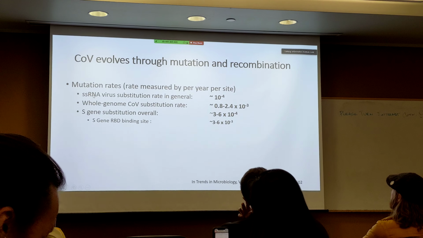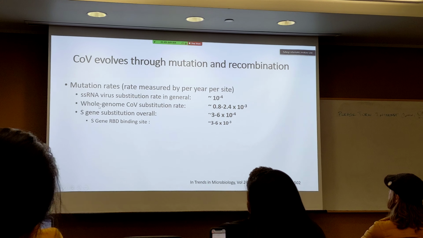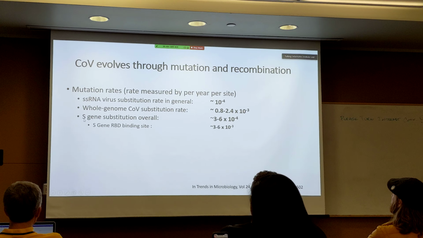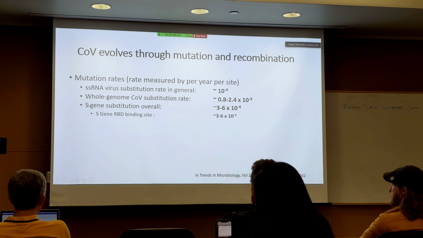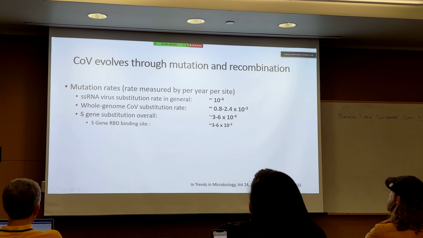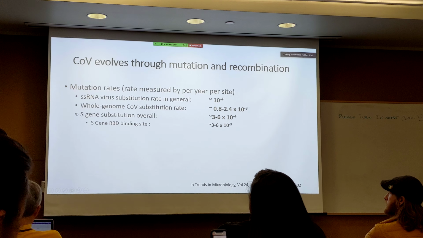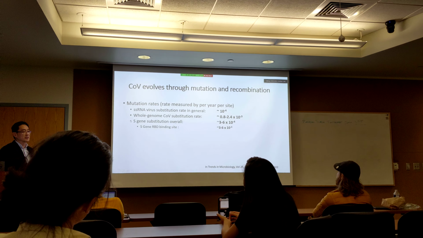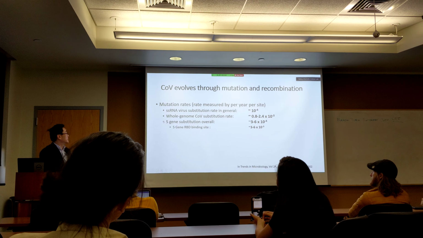Faster than the regular single-stranded RNA virus. And if you look at particularly a gene that's called the S gene, I'm going to come back to it again and again. This S gene will code for a protein that is responsible for binding to the host receptor.